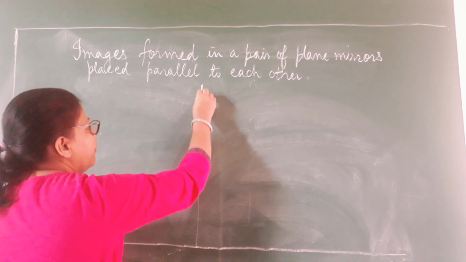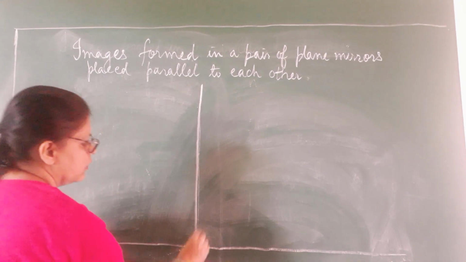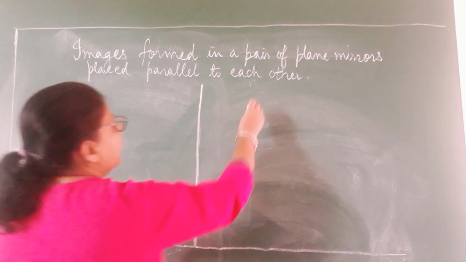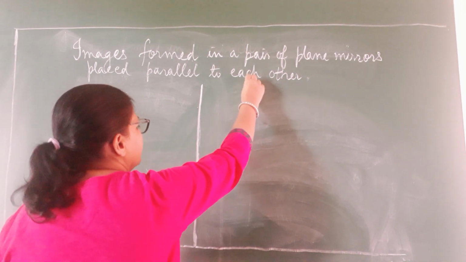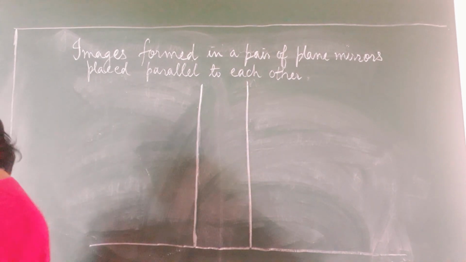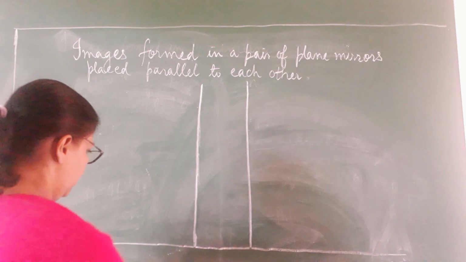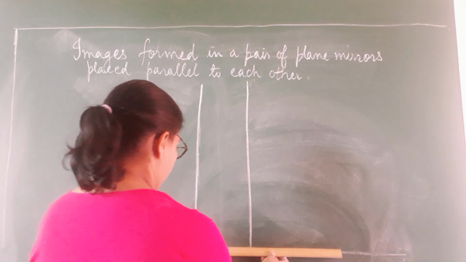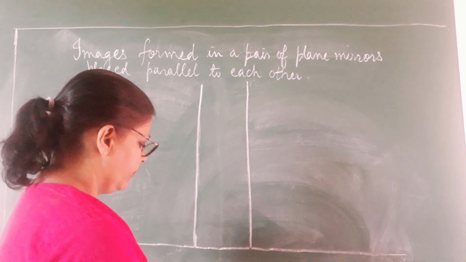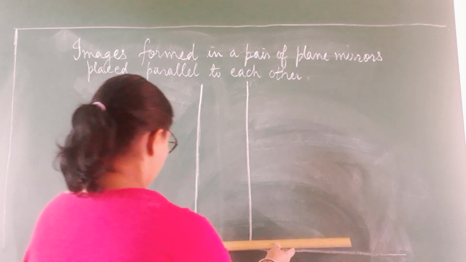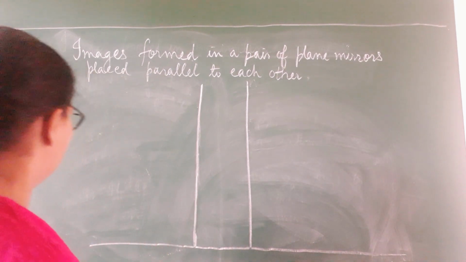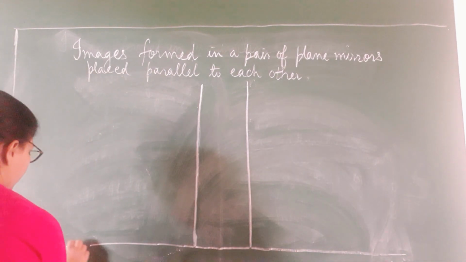You will take two parallel mirrors, right, at a distance of say approximately, let me see, in your notebook you can keep them around 7 to 8 centimeters away from each other. 7 to 8, not more than that.